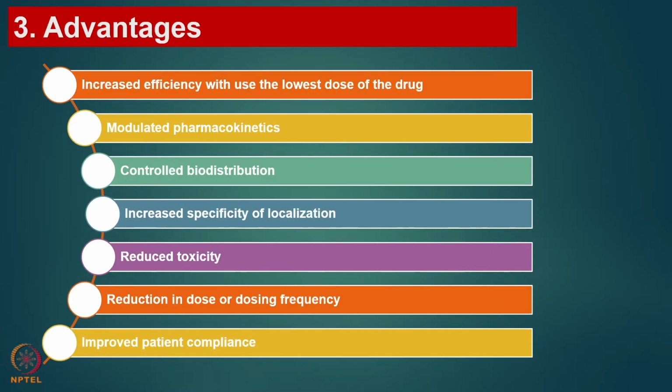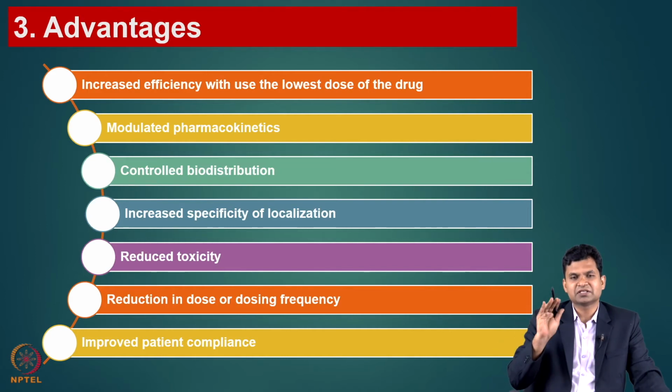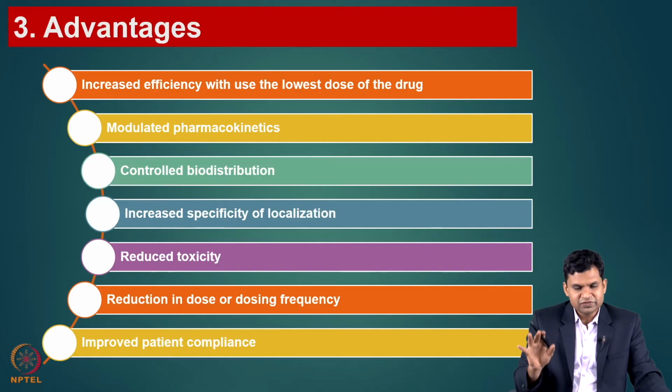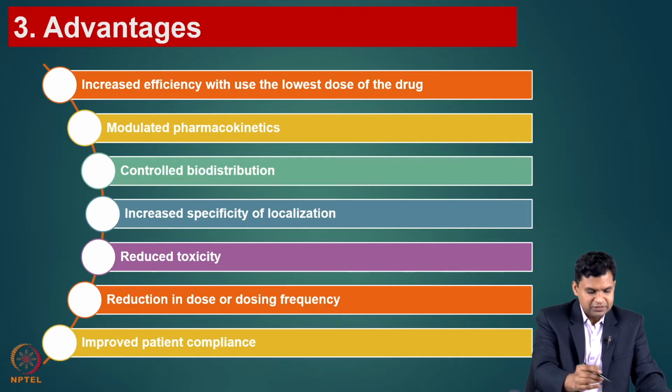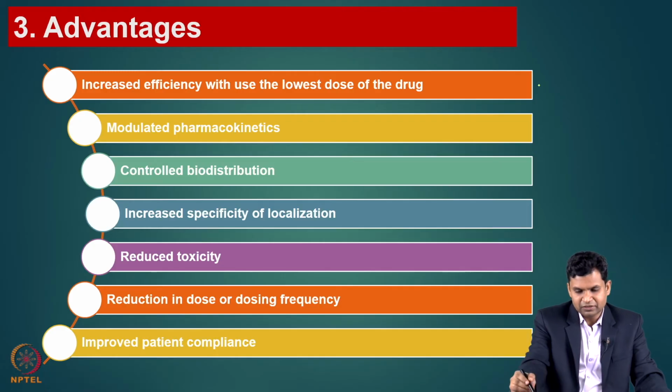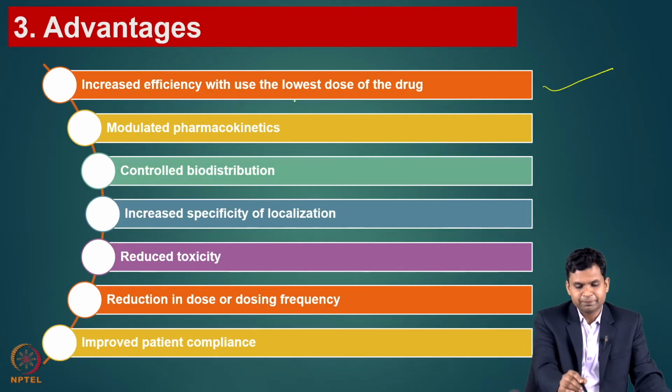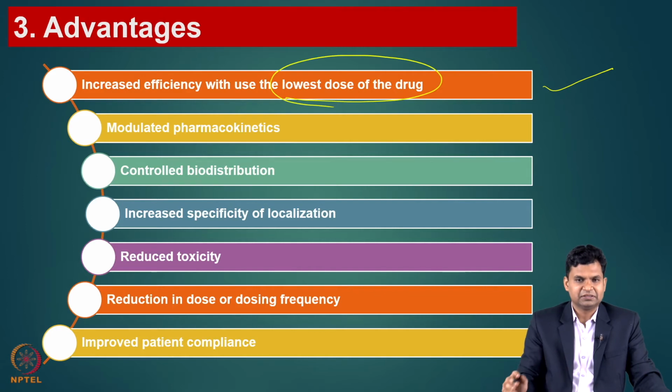Now we will see the advantages of targeted drug delivery systems. They are site specific and release at a particular site on a controlled basis, so they will not reach non-specific sites. So, there is an improvement in efficiency. That is also possible with a low dose of the drug, which will also help reduce toxicity.